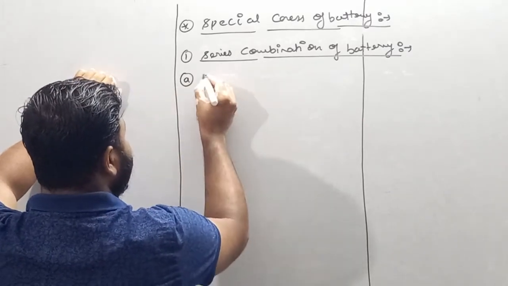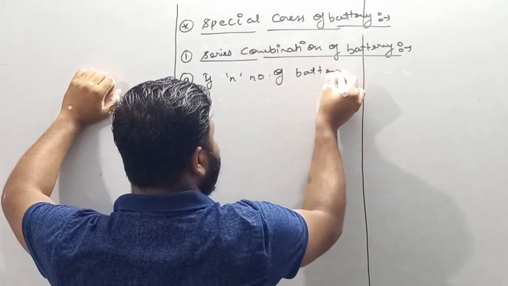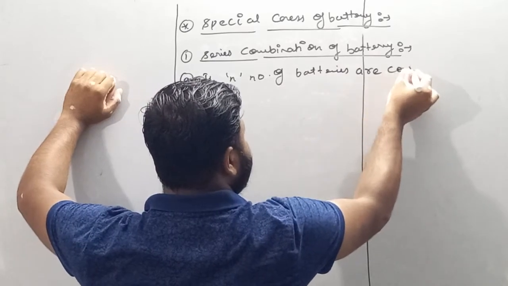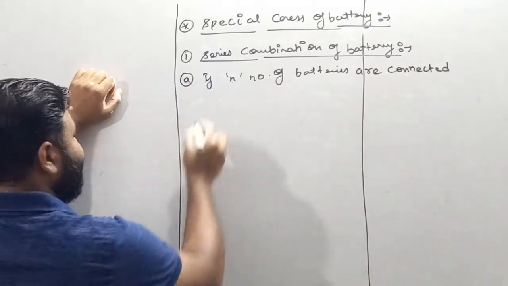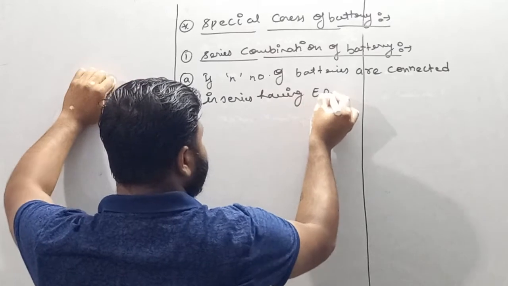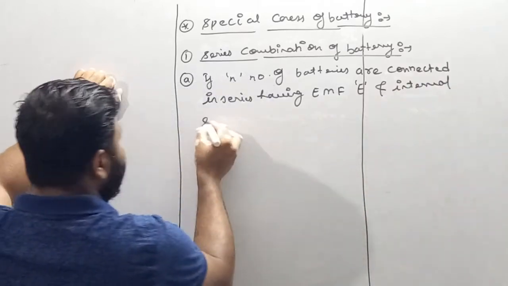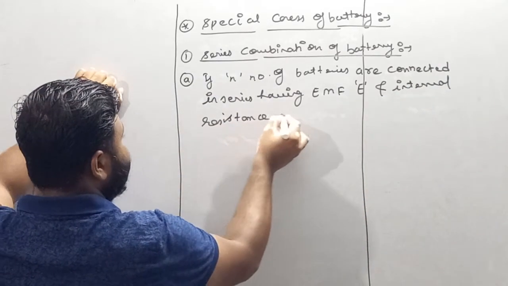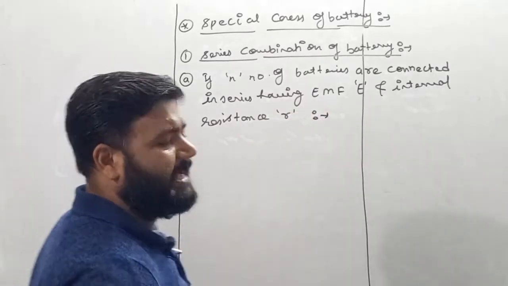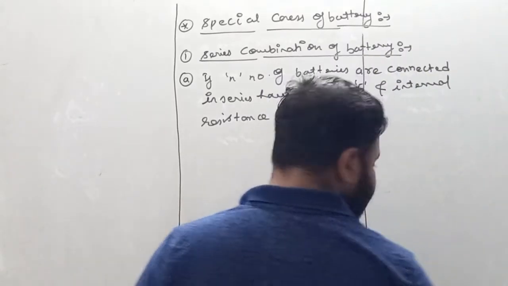Case one: if n number of batteries are connected in series, having EMF E and internal resistance R. All the batteries carry EMF E and internal resistance R, and they are connected in series.